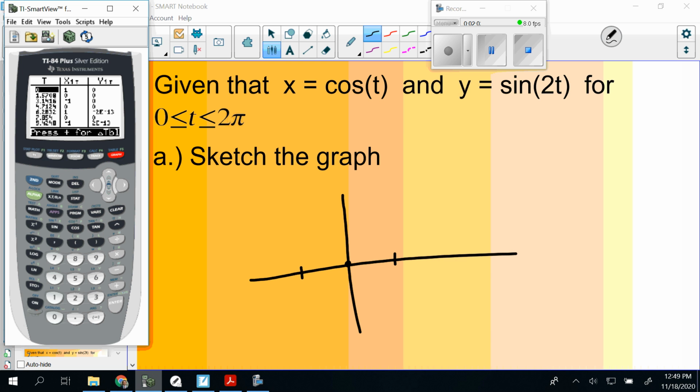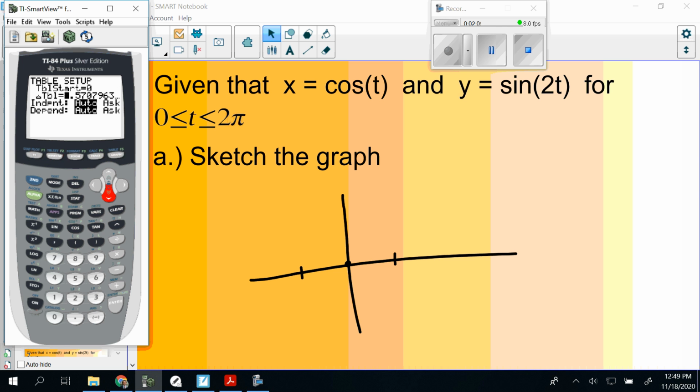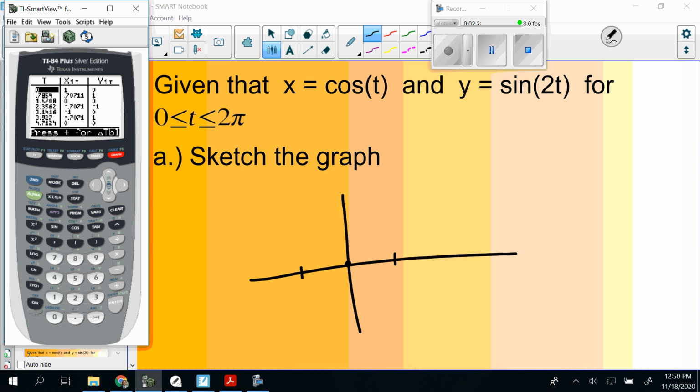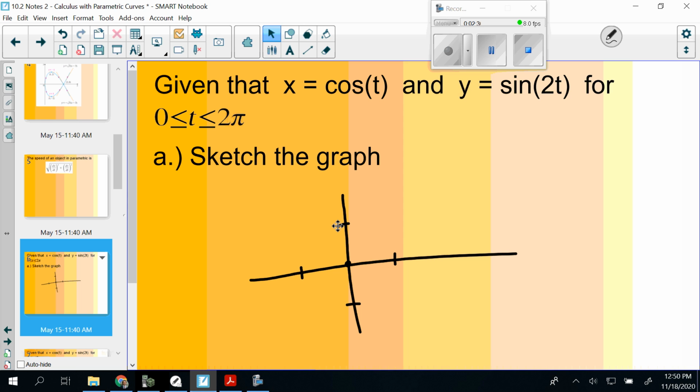If you want to get some of the other values, it looks like maybe we have to change our table settings a little bit. Let's change this to pi over 4 and see if we get some more values here. Go back to our table. All right, there we get some more. So at an x value of 0.707, the y value is 1 here. 0.707 is that approximation of square root of 2 over 2.